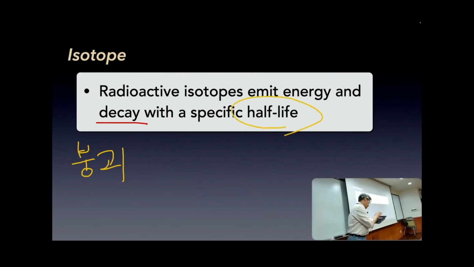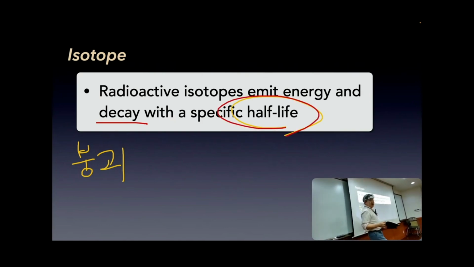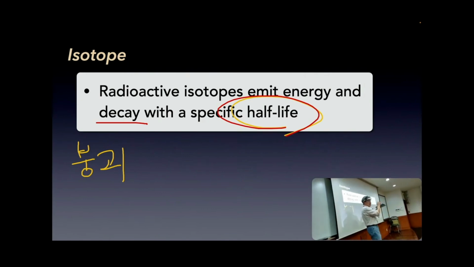And here, half-life, by definition, guess what? What would be the half-life of a radioisotope decay? It is the time it takes for the original amount of a given isotope to become half of it. Half of the original isotope material becomes decayed.